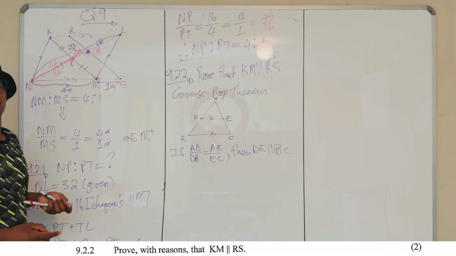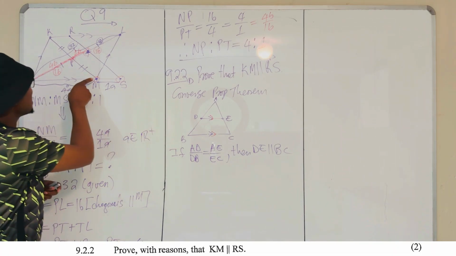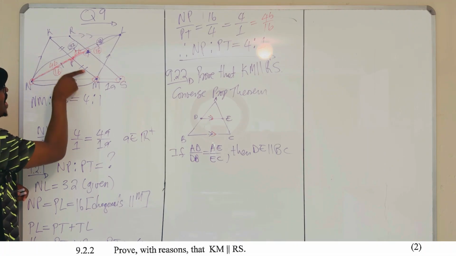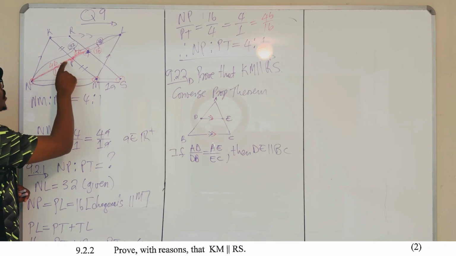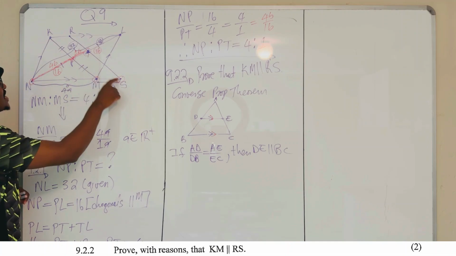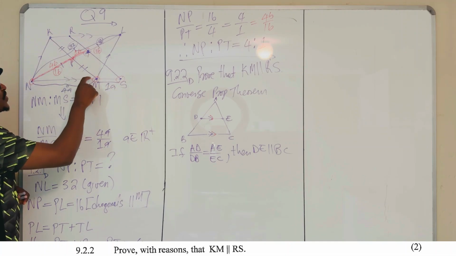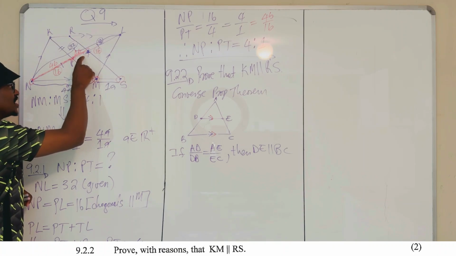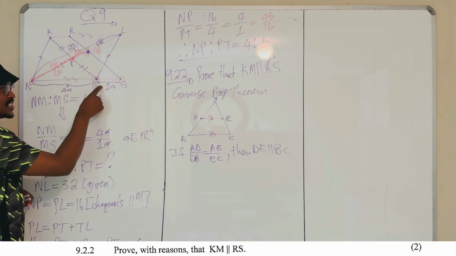So this line PM of this bigger triangle NTS divides it proportionally, because the ratio of this top part over that is equal to this part over that.